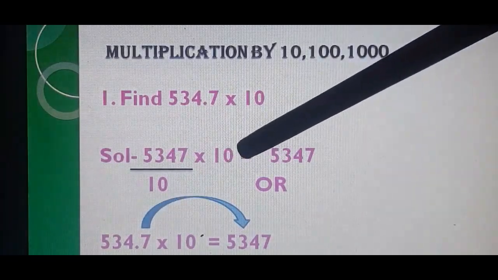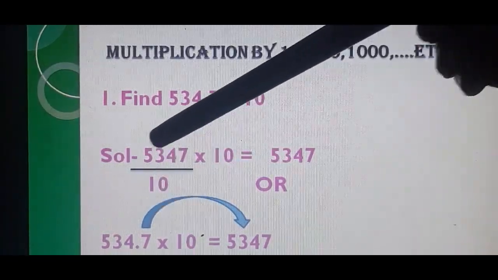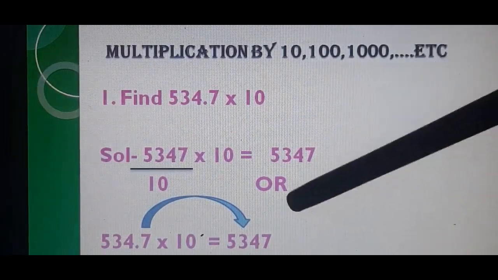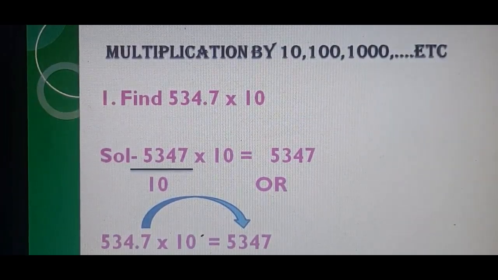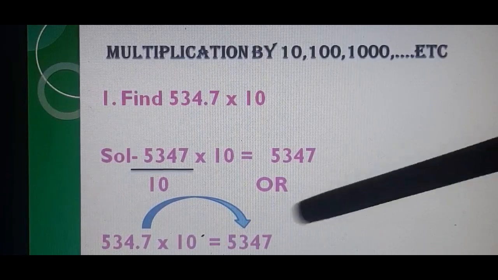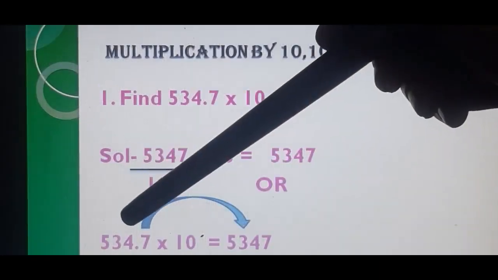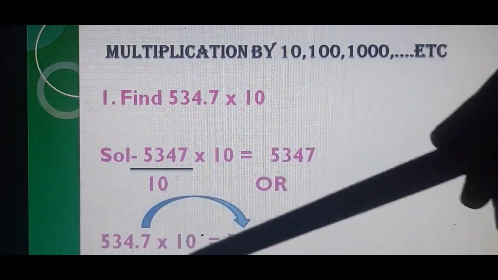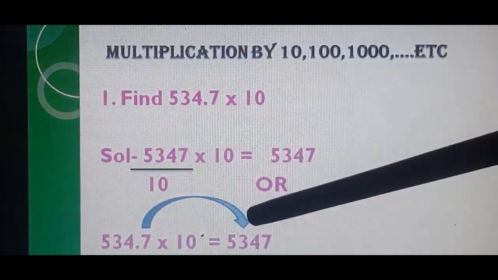Now 10 numerator, 10 denominator, this will cancel. So our answer will become 5347. Now I will tell you how to shift the decimal. 534.7 multiplied by 10. As multiply by 10 is there, decimal will shift one place forward.